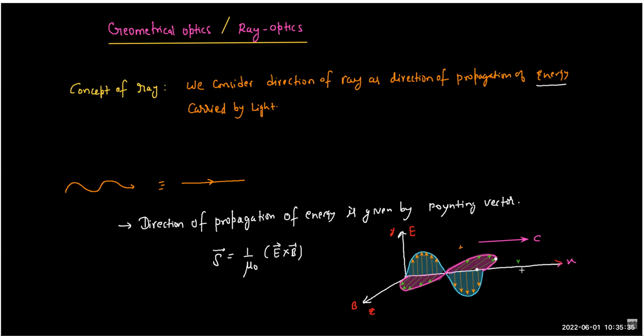Now for the light ray, although these electric and magnetic fields are oscillating in this fashion, we assume the light ray propagating in one direction.